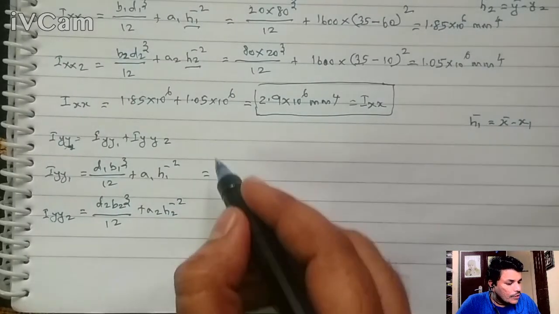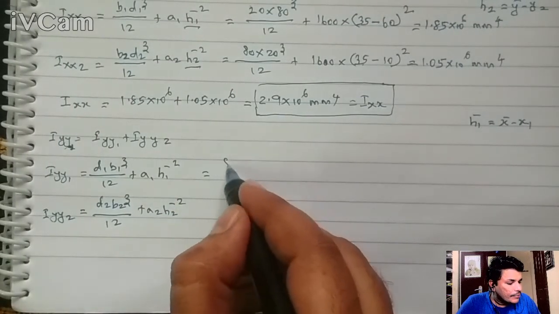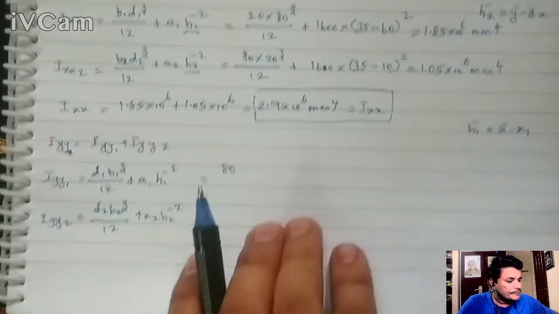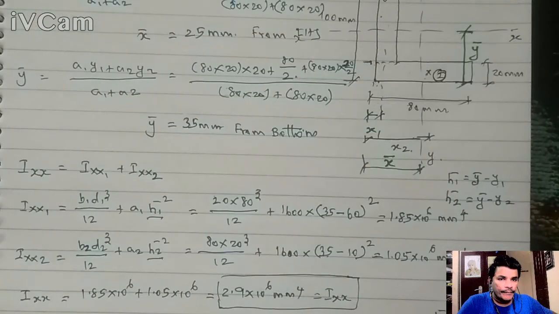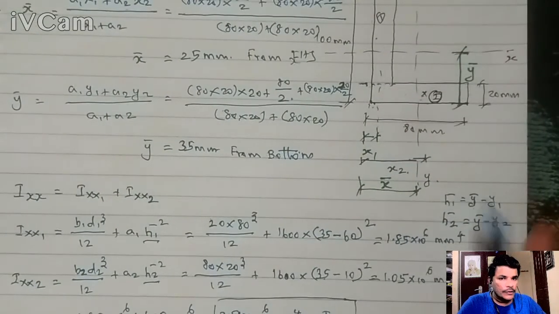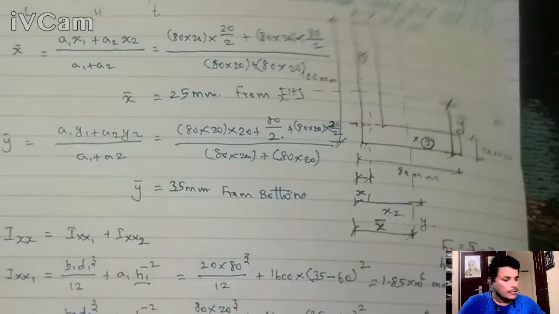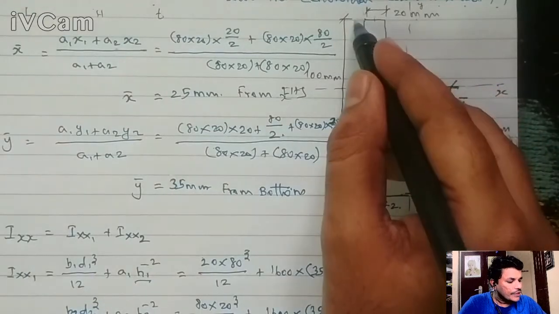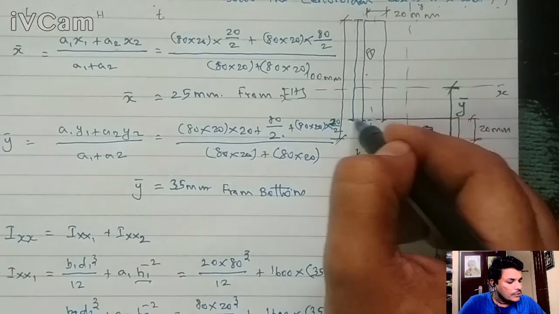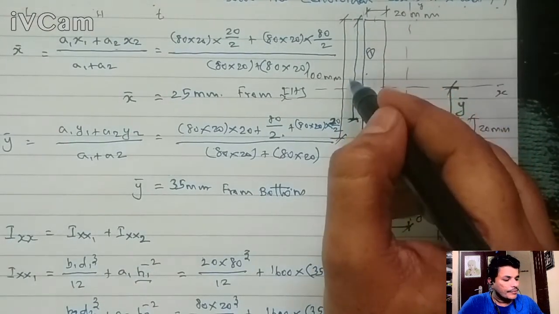So you know that d1, the first section, is 80 mm, this one. So this is d1, from here to here. This is my d1, 80 mm. Okay.